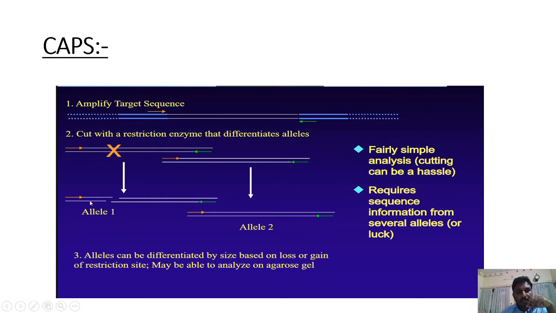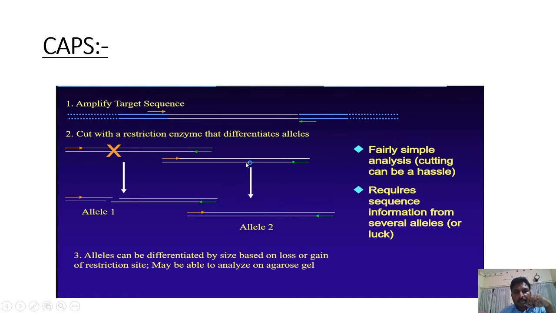That means after the gel run, you will get two bands, one of this one and another of this one. Suppose this is the amplified product of a different organism. This may be sample two, and this is sample one. So the DNA is amplified, you get an amplified product, and this product needs to be restriction digested.